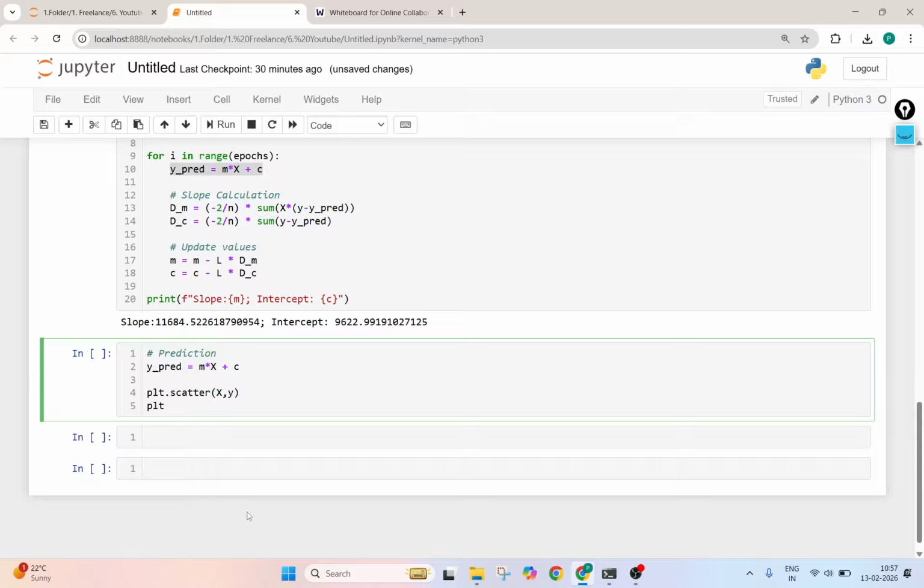And now I want to plot the graph. So plt dot plot. What I want to plot, if I simply plot x comma y pred, I probably won't get a linear curve. So I want to sort it. You remember the previous problem that I had actually encountered, right? So let's quickly sort it. So I'll say minimum of x.